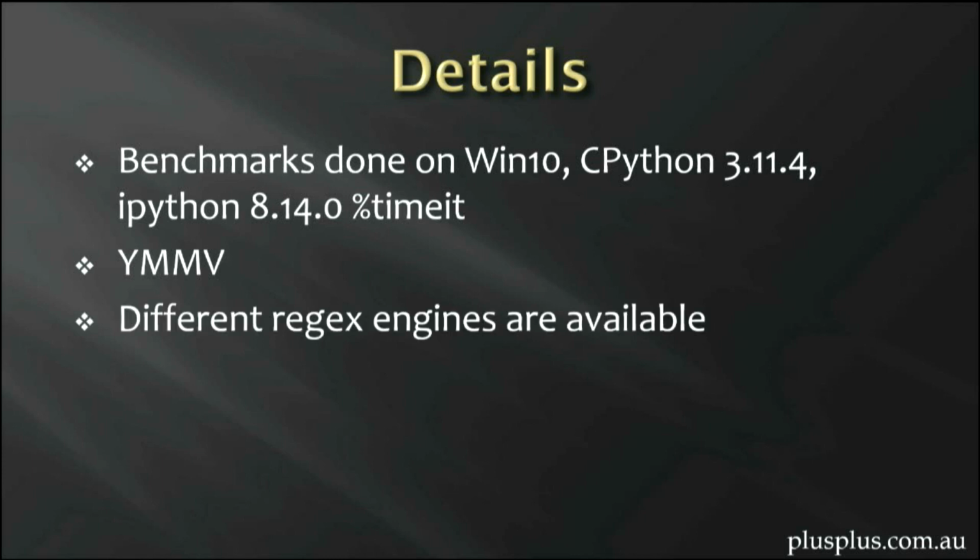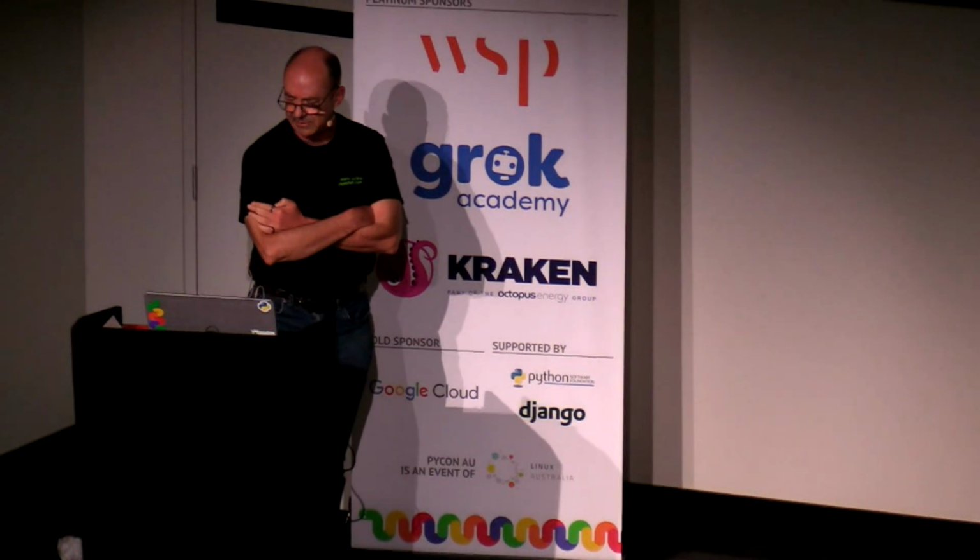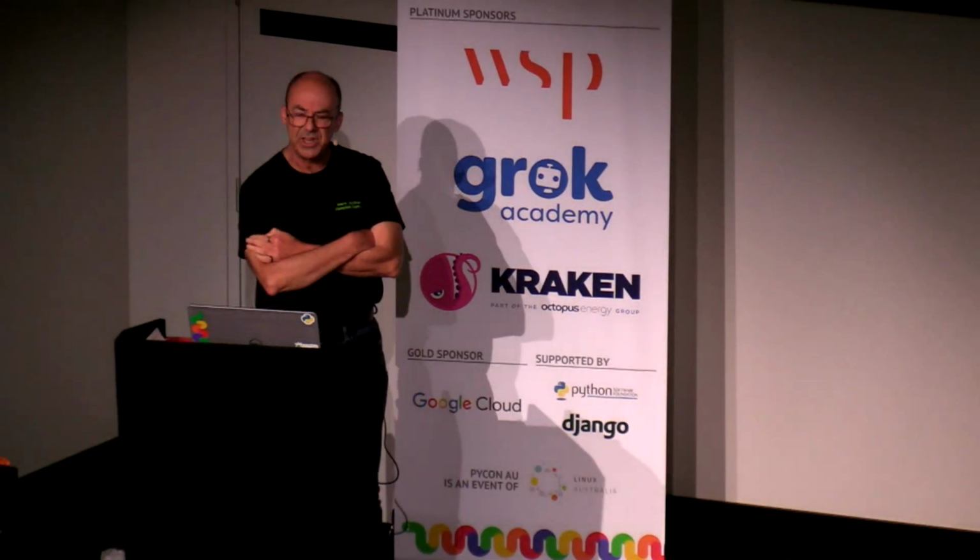And it behooves me to mention that there are different regex engines. In fact, backtracking engines like Python users and Perl users and Ruby users are notorious for this particular fail. There are other regex engines. Here I'm just looking at CPython's built-in re module, but consider other regex engines.